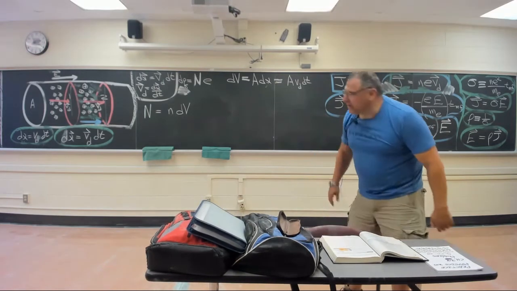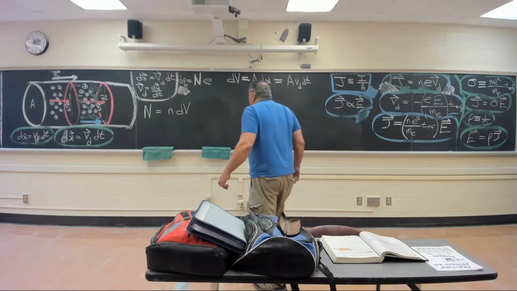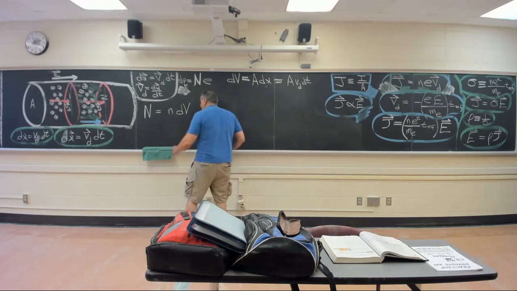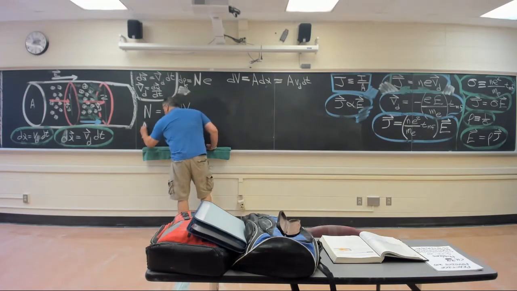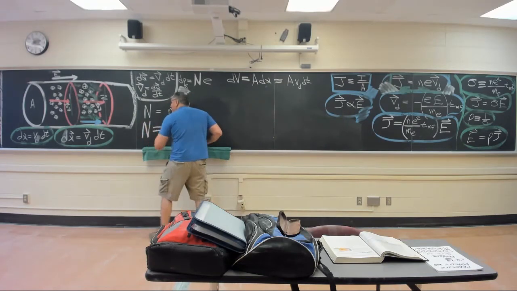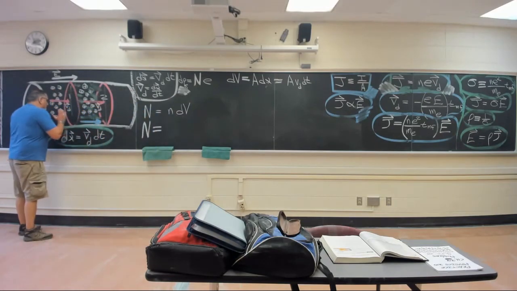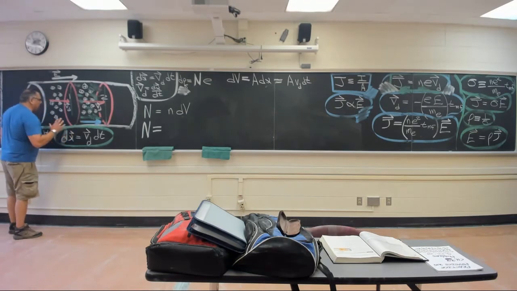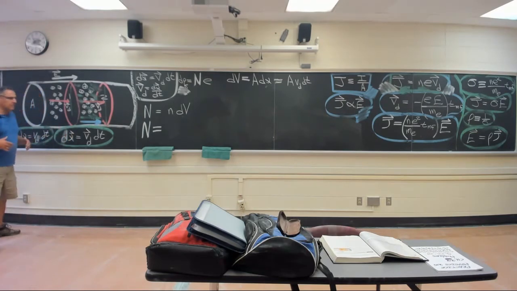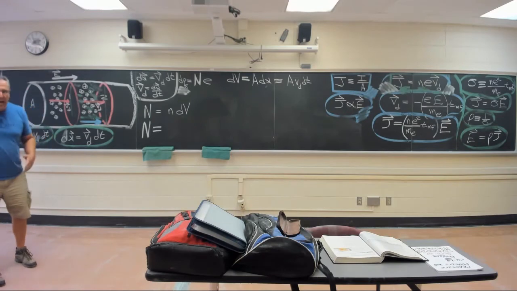Let's see what we can say here. The number of particles that pass through this cross-section: now look, guys, how are these particles going to pass over? We're assuming more or less a constant speed, a constant flow rate.